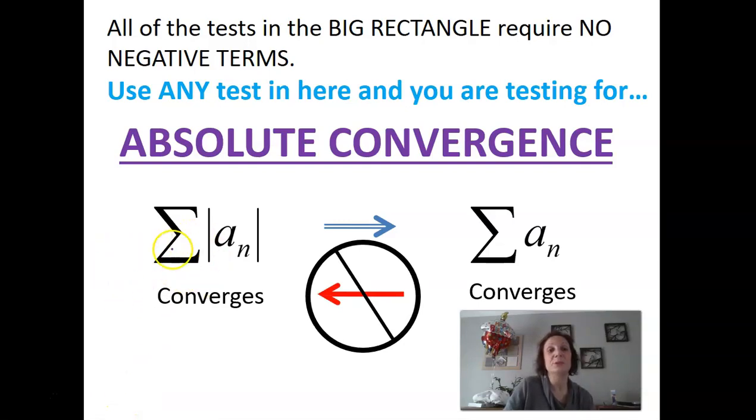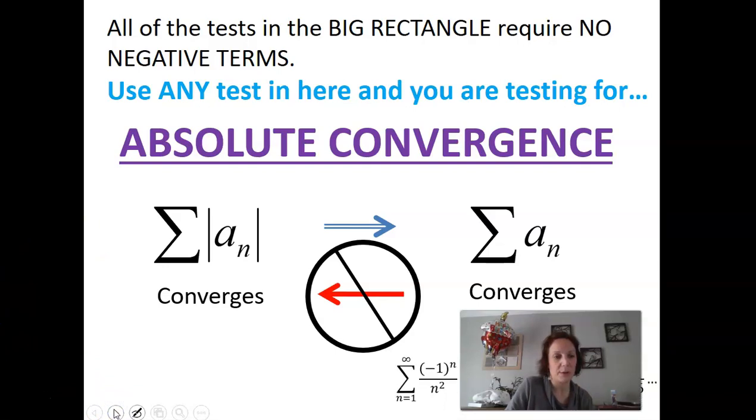If the absolute value of a series diverges, I don't know anything about the series itself. There are some series whose absolute value diverges, but if you let them have their negatives, they'll converge. And we'll talk about those series. But if you want to be in the rectangle, which is where we are most of the time, you are looking at absolute convergence, so you should not have any negative terms.